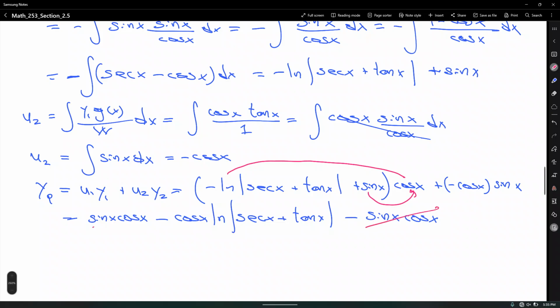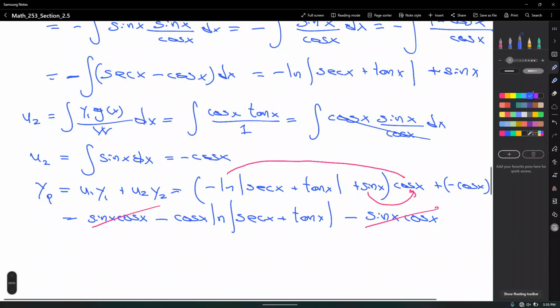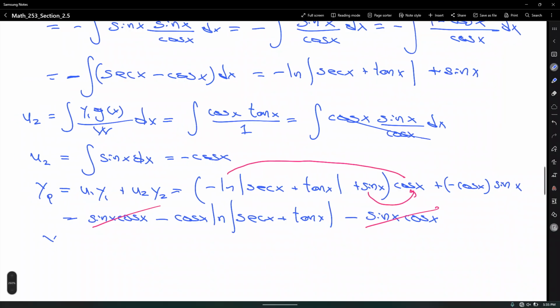Check, these go away, and our y sub p will reduce to simply y sub p equals negative cosine x ln of secant x plus tangent x.